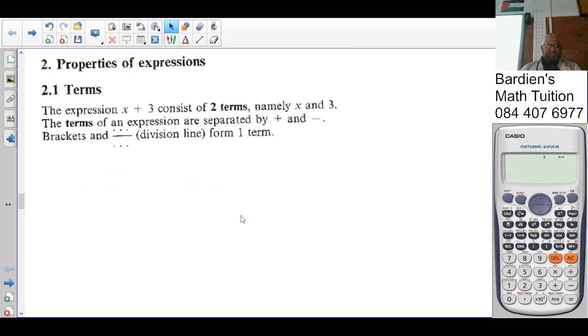Properties of expressions, terms. The expression x plus 3 consists of 2 terms, namely x and 3. The terms of an expression are separated by addition and subtraction signs, plus and minus. The brackets and division line form one term. So from here we're going to talk about number of terms shortly, so I'll give you a chance to write that down.